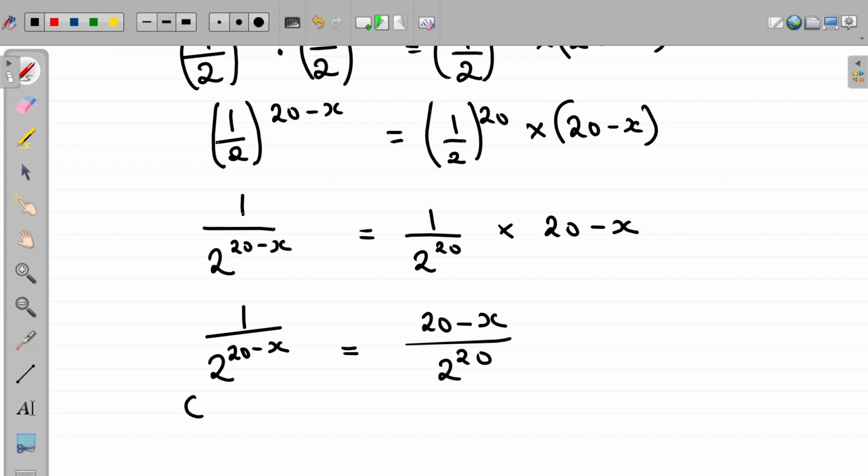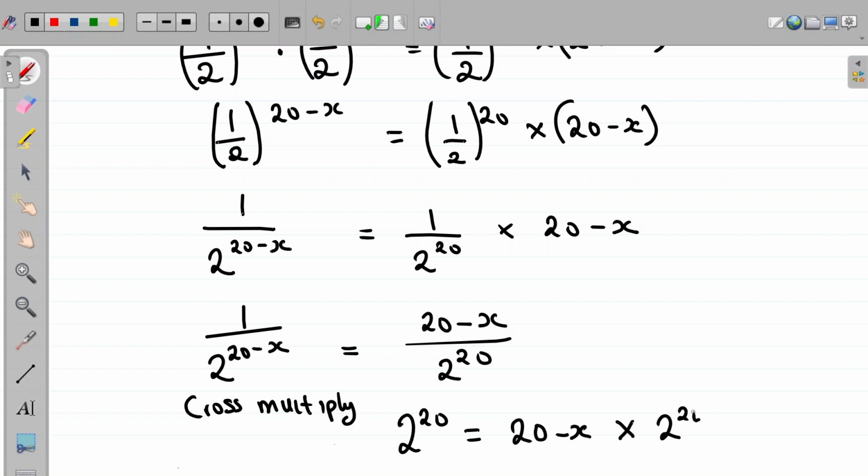If we cross multiply, we have that 2 raised to the power of 20 equal to 20 minus x multiplied by 2 raised to the power of 20 minus x.